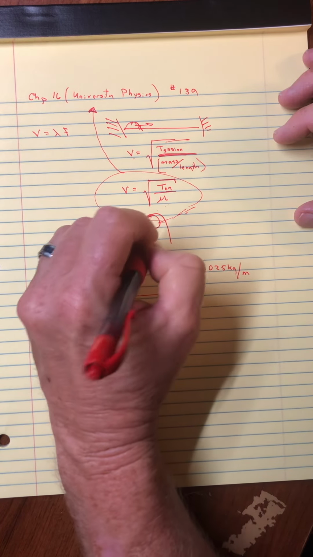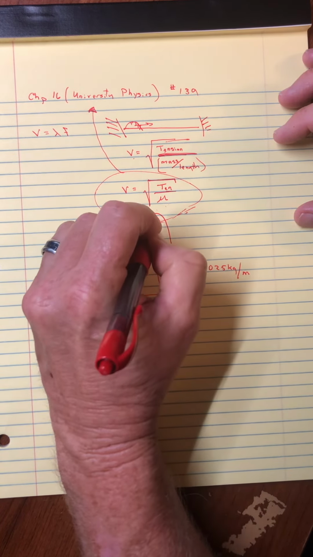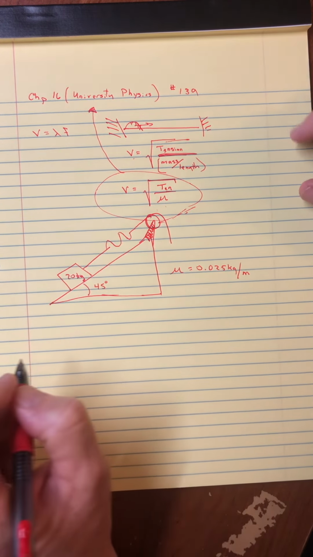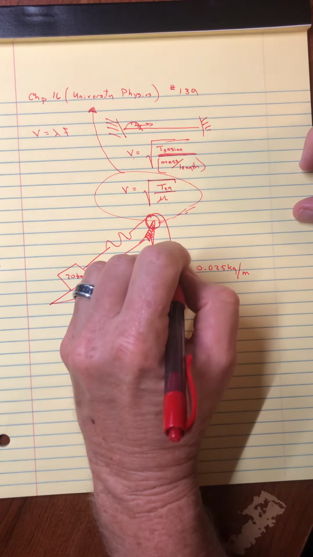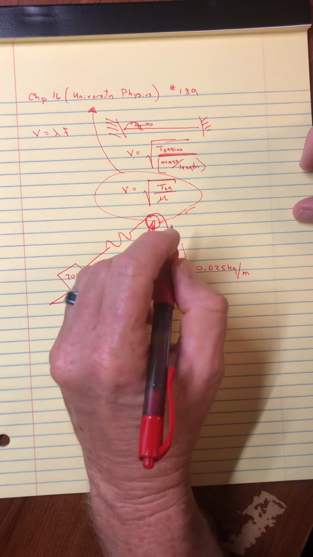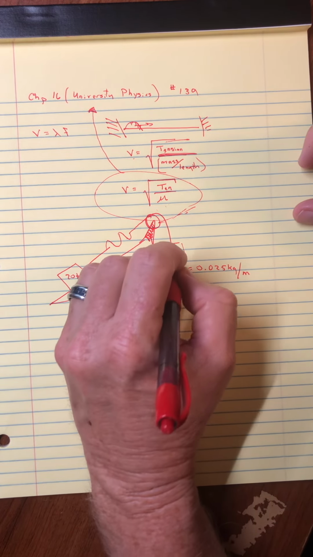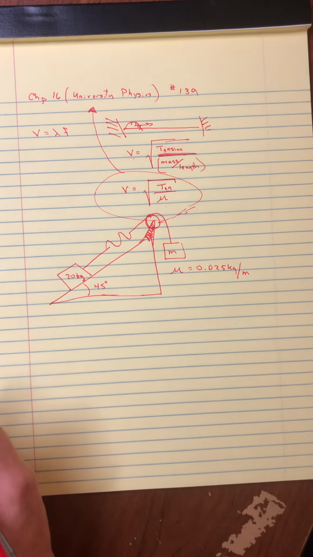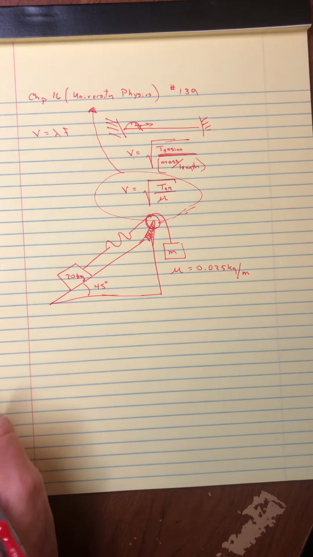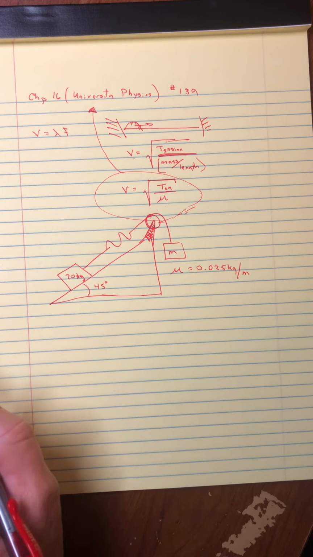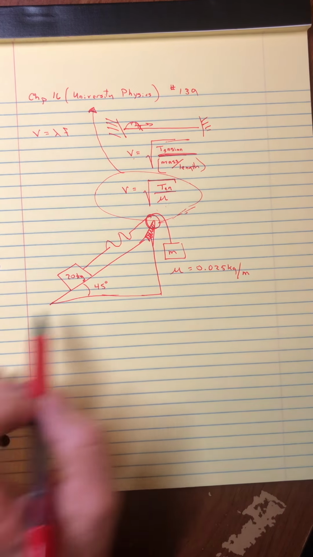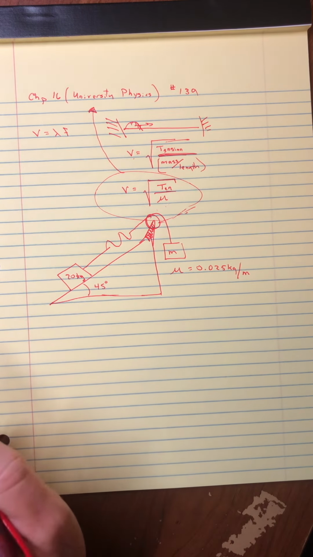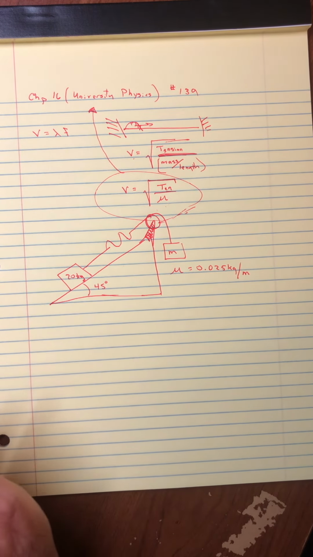The string goes over. I guess we have to support the pulley somehow. All right, so we'll support the pulley. The string comes over, and it has mass m. Okay, little m. The system is in static equilibrium. A wave is introduced in the string and travels up the ramp.